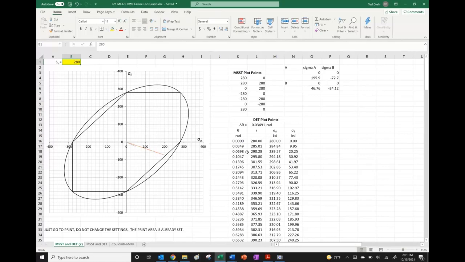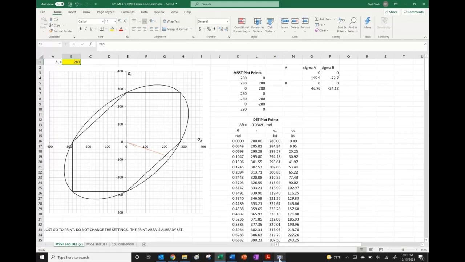I'm flummoxed. But I got the right DET, right? I got that one at 1.4. It's just my maximum shear stress theory. This could possibly be 1.4 for the DET, but I seriously doubt the 1.38 for the maximum shear stress theory for how close that is.